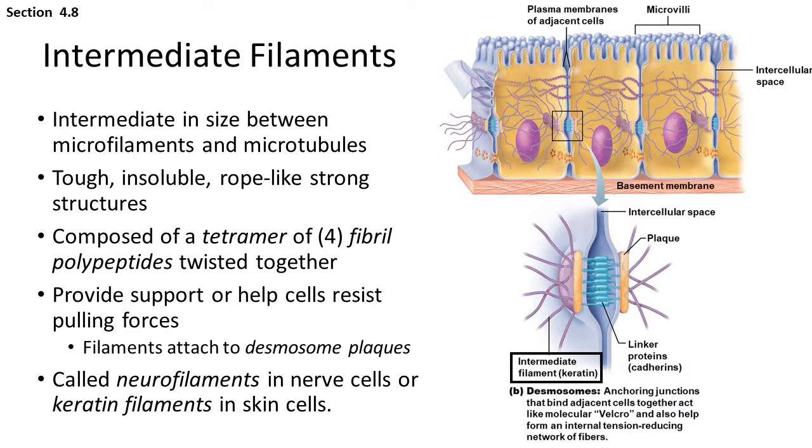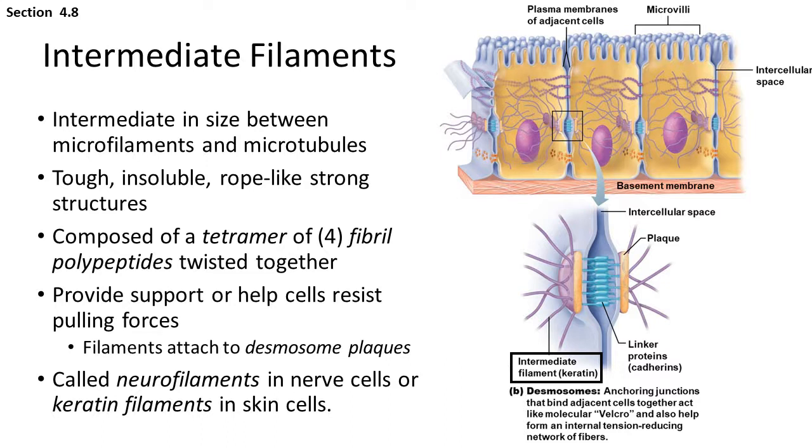These filaments attach to desmosome plaques that serve similar to Velcro, that help cells to resist pulling forces when pressure is exerted on their surfaces. So they help form an internal tension-reducing network of fibers.